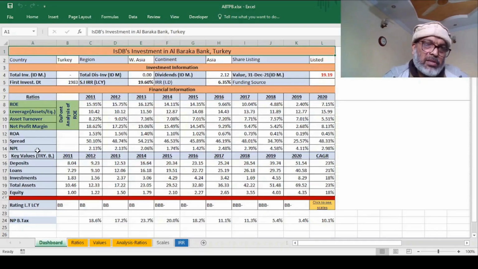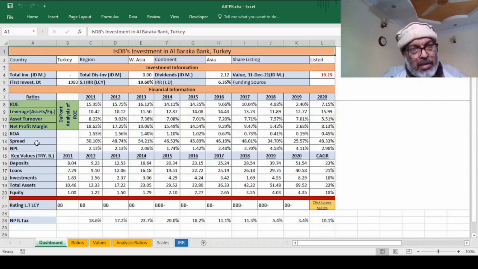This gives the asset performance, that is, how good its receivables are. Lesser is better and higher is worse. If the non-performing loan ratio is higher, then it is worse. But if it is lower, then it's good.